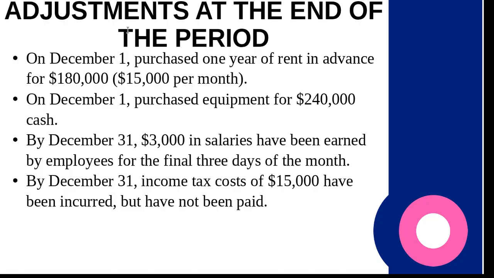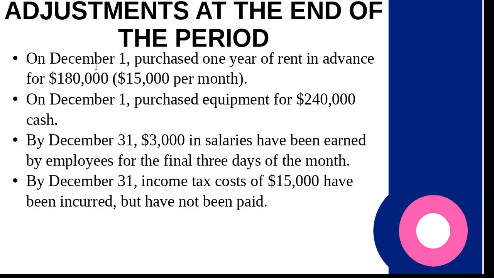Okay, all right, so look at this adjustment at the end of the year period. Now, accrual basis develops some other adjustments in accounting at the end of the period that cash basis will not look into.